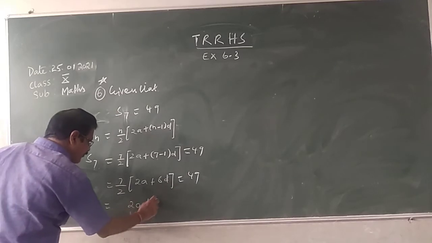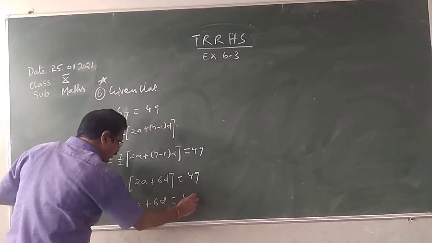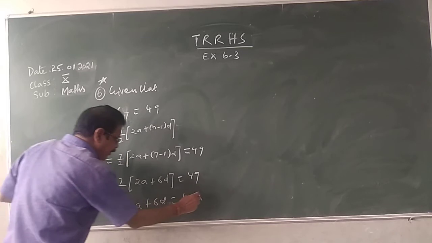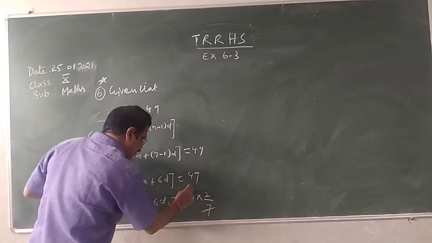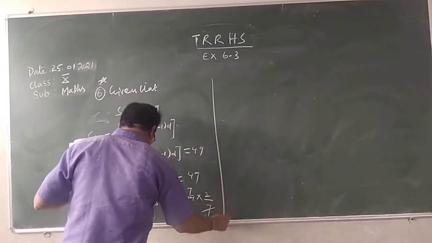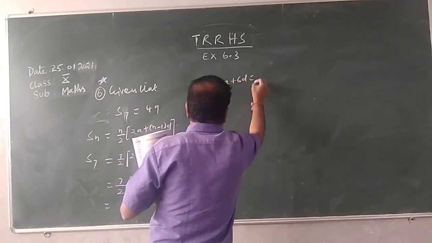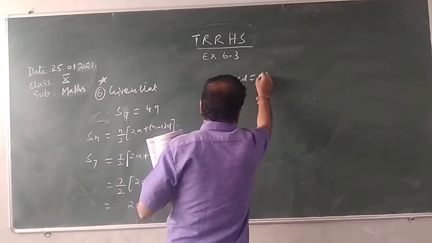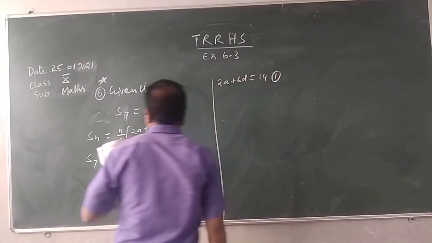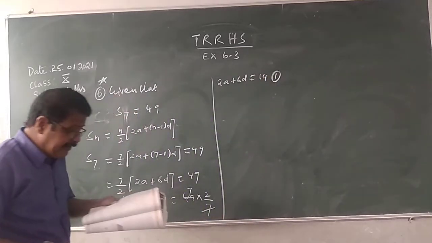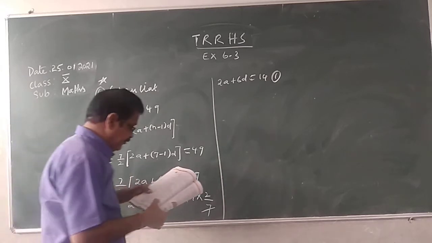So 2a plus 6d is equal to 49 into 2 by 7, which is 7 times 2, 14. So 2a plus 6d is equal to 14. This is the first equation.